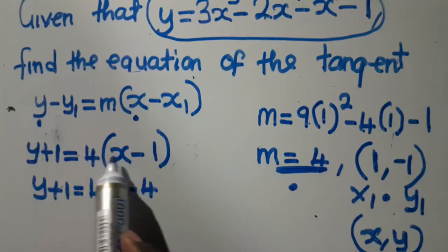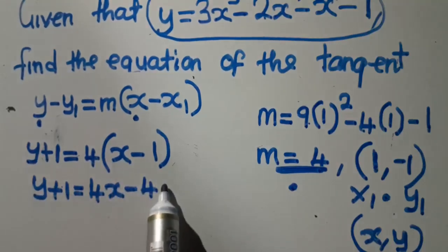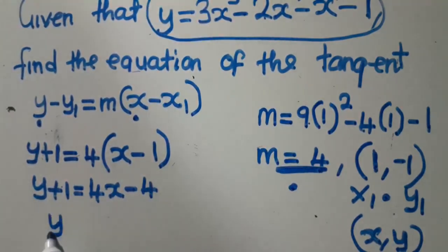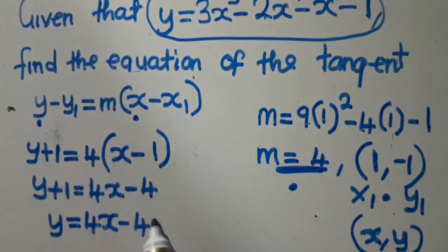This plus 1 will go to the other side of the equation. So when it goes to the other side, it becomes y is equal to 4x minus 4. This is positive; when it comes inside, it becomes negative.